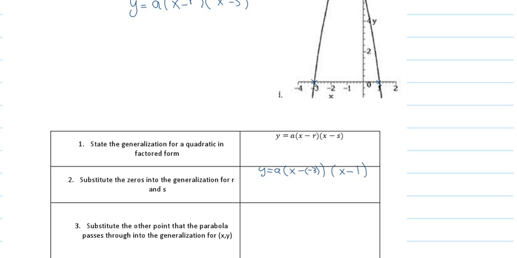Positive 3. And I knew that because I know it's going to be opposite to what I see, but showing my steps doesn't hurt, right? Showing why doesn't hurt. Showing that because I have a negative here and then another negative, I'm going to get a positive.